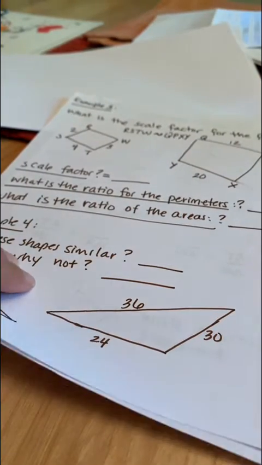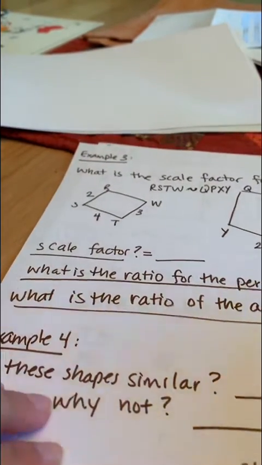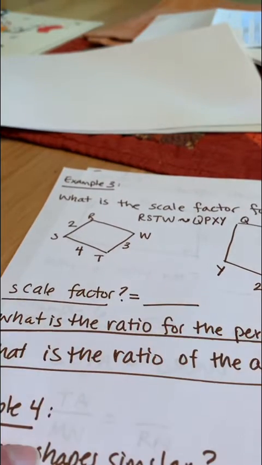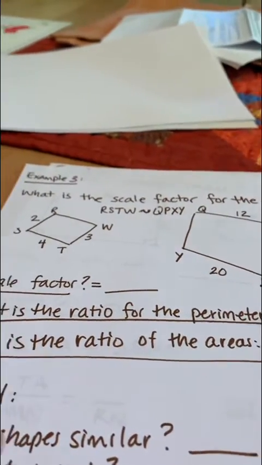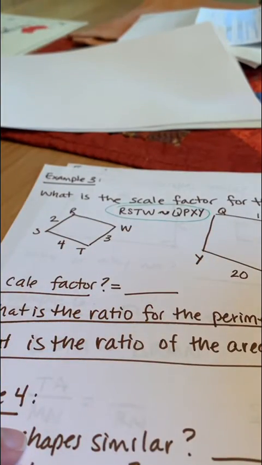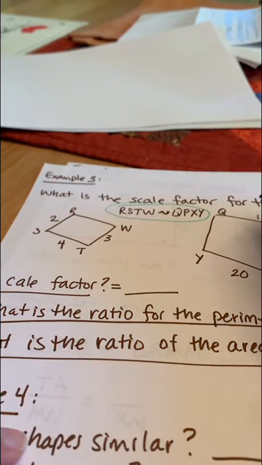Now, the same thing can happen when you don't have triangles. Now I have a 4-sided shape and a 4-sided shape. One is definitely bigger than the other. In the middle here, I did tell you there is a relationship between them. So RSTW is similar to QPXY. All right, so same thing.